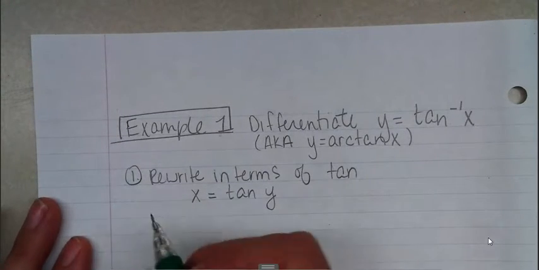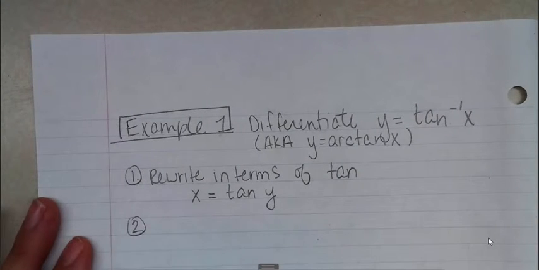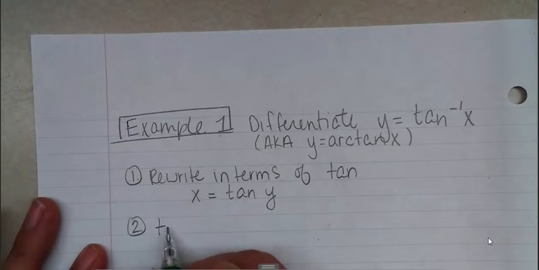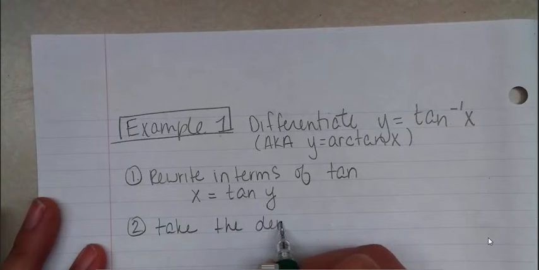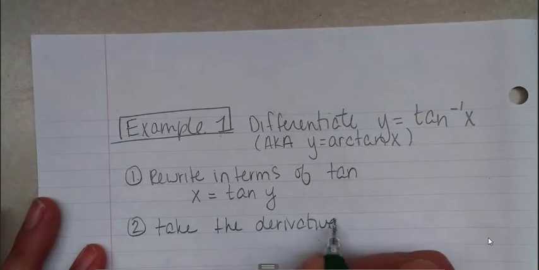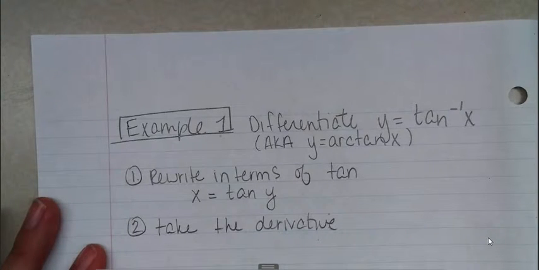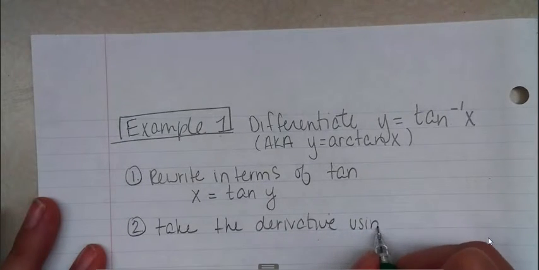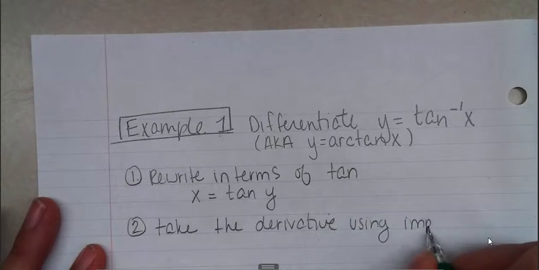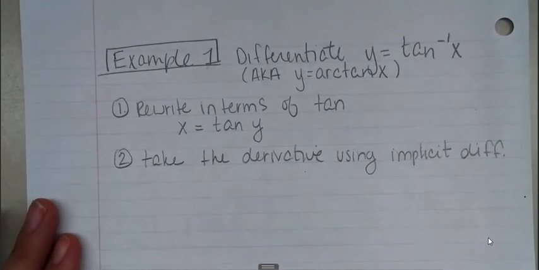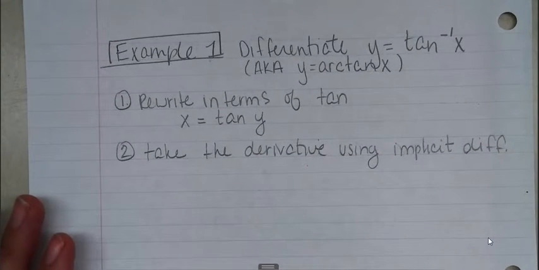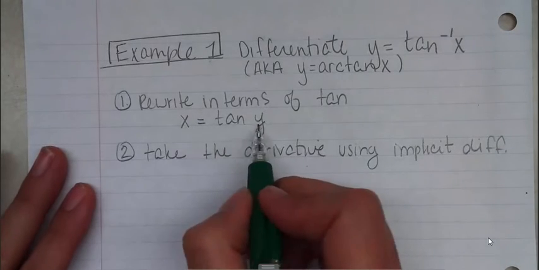Second thing we're going to do, we're going to take the derivative using implicit differentiation. I'm going to abbreviate because I'm out of room here: implicit diff. So I'm going to rewrite this.